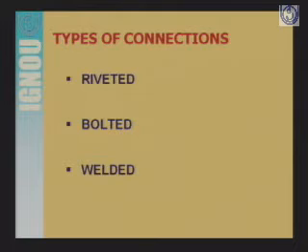Second is the bolted connection, in which we make use of bolts. And third is the welded connection. As the name indicates, we use welds to make such connections. So basically there are three types of connections: riveted, bolted and welded.